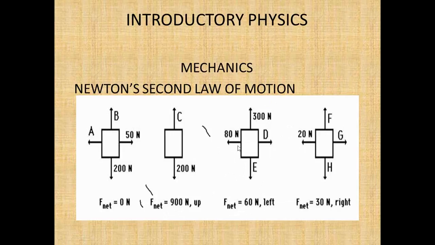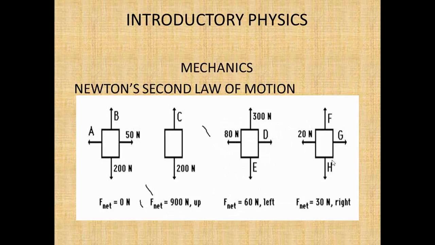But there's a net force to the left of 60. So your force to the right has to be 20, because 20 from 80 gives you 60 to the left. So these are not balanced forces. The force to the right is 20, the net force is to the left and it's 60. Therefore your acceleration is going to be to the left. Acceleration is going to be in the same direction as the net force.